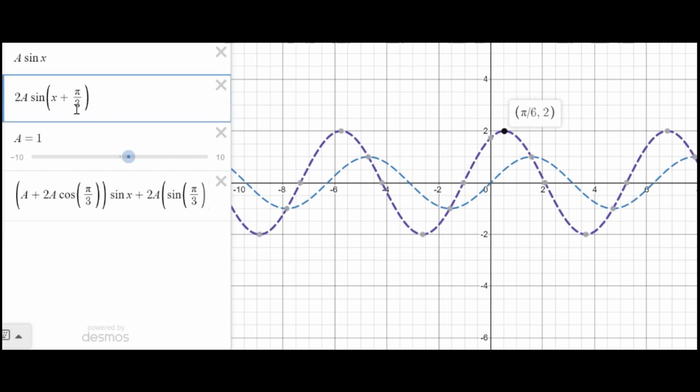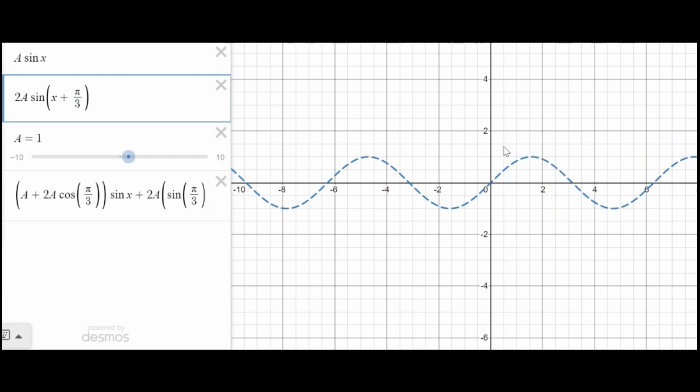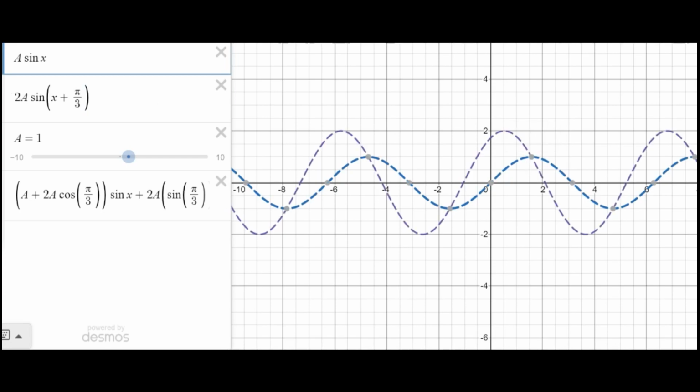Apart from this, the second wave has an extra phase difference. Phase difference of how much? Pi by 3. What does this mean? Let us consider your first wave. This wave has the maximum amplitude at what value of x? At pi by 2. But your second wave has the maximum value of the amplitude at pi by 6, where the amplitude is 2.